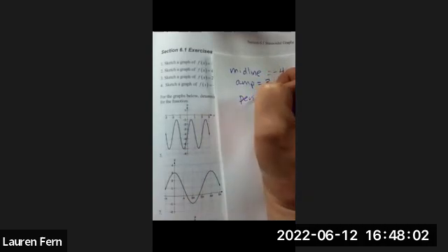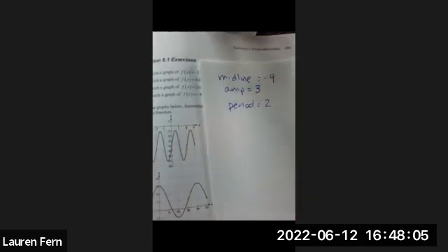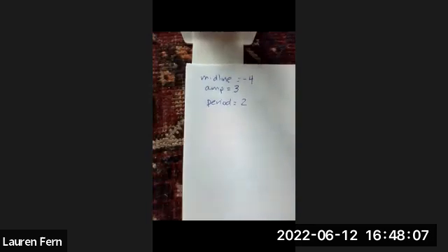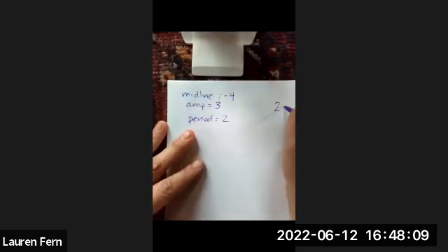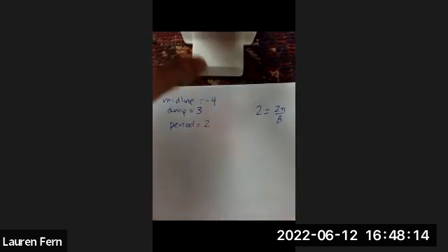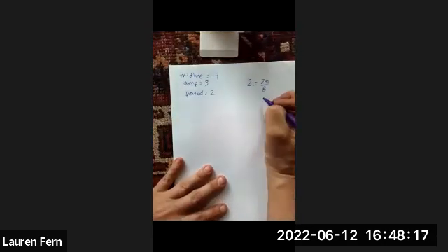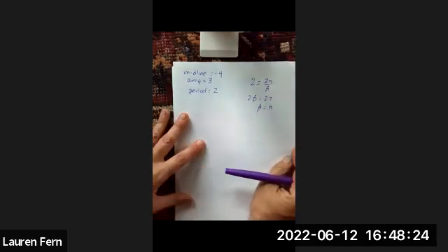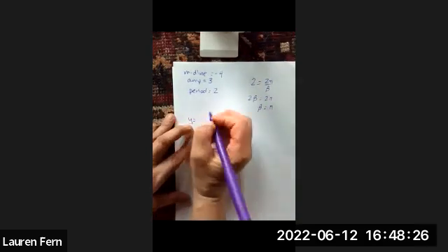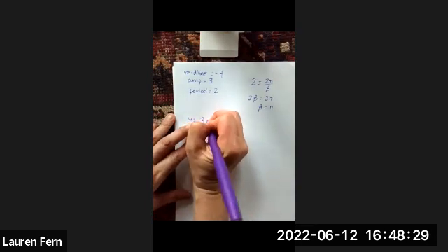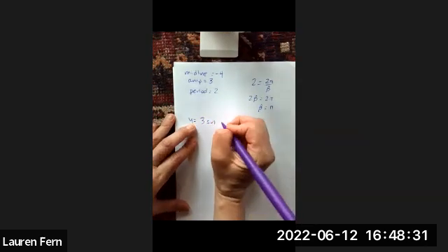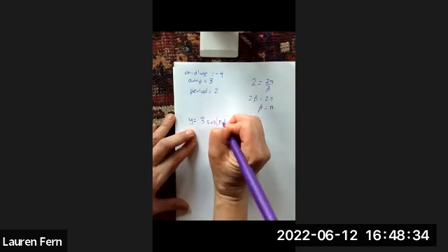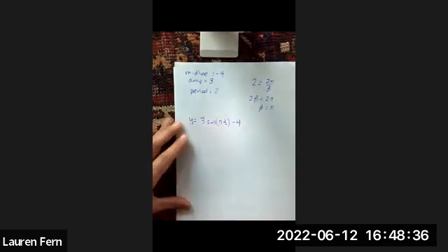So if my period is equal to 2, well, I know that my period is 2 pi over whatever that value is in front. And therefore, of course, beta is just going to be pi. So the equation of this function is 3 sine of pi t minus 4.